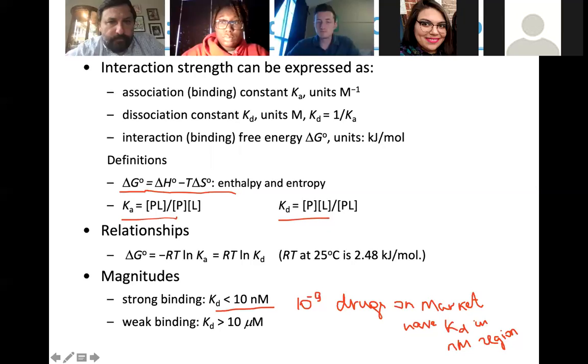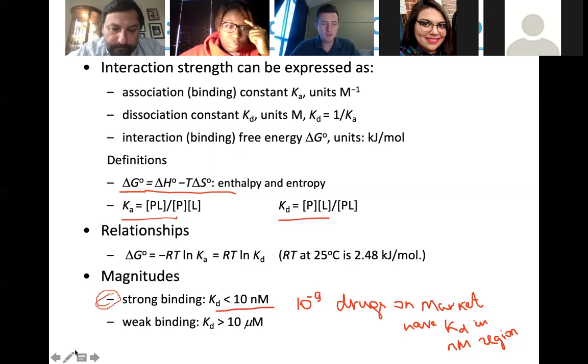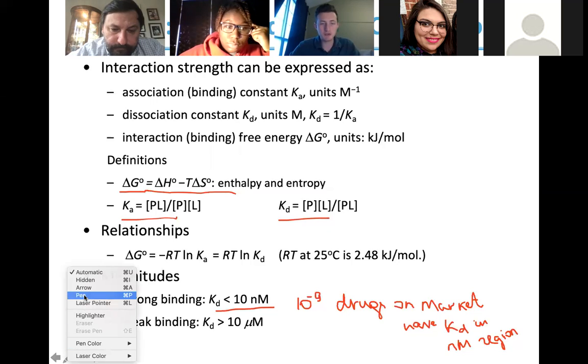Could you repeat the thing about affinities? Yeah, I can do it. When you have strong binding, your KD is going to be really small.